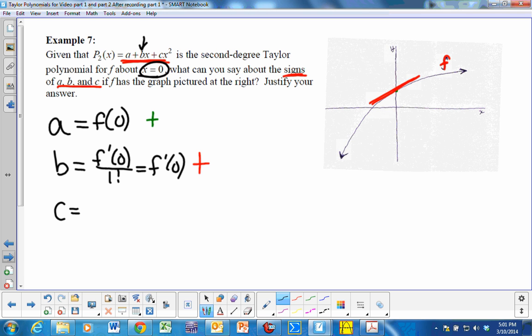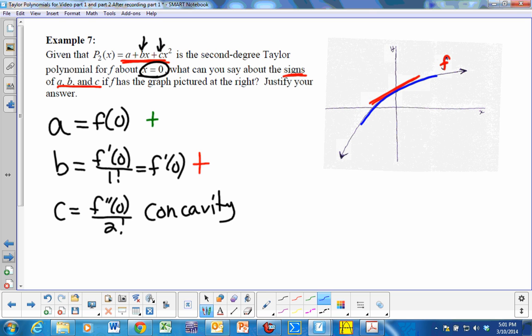c in the problem is your second derivative, because it's the second derivative at 0 divided by 2 factorial. That's what you would put if you were writing this out. The second derivative tells us about concavity. At 0, this thing is clearly concave down.